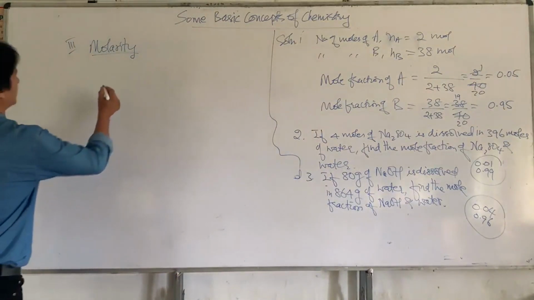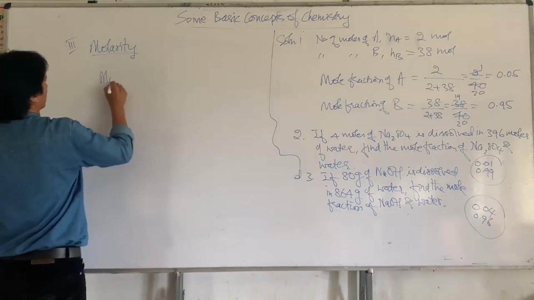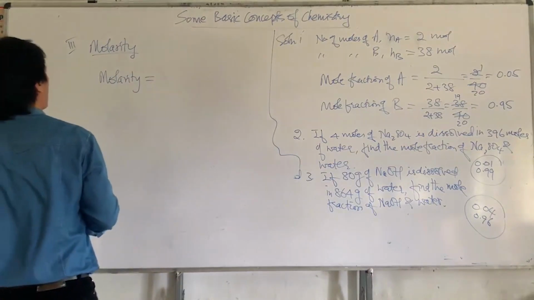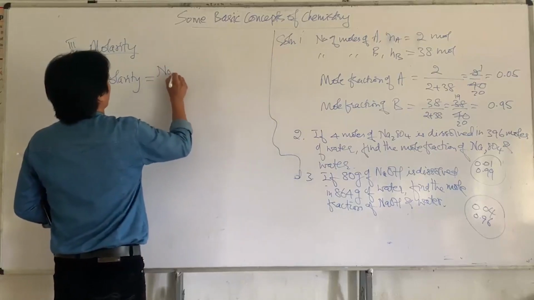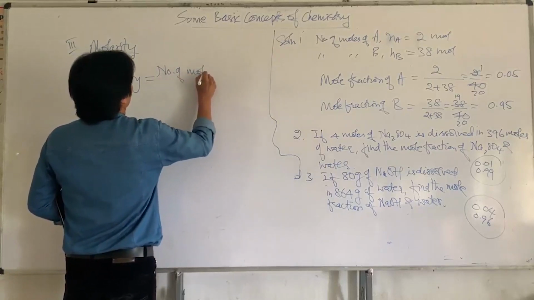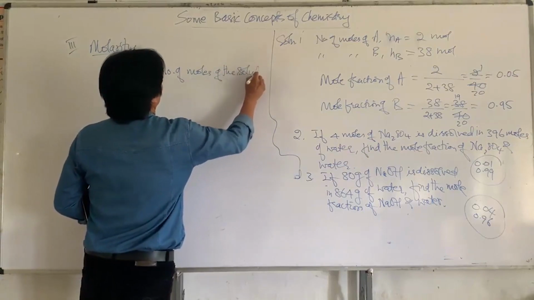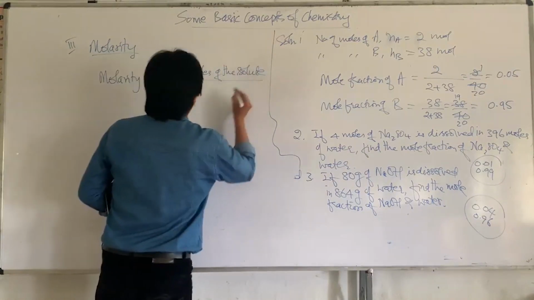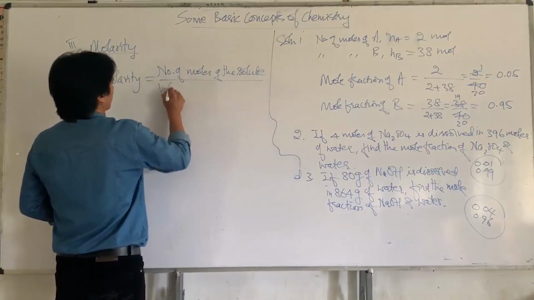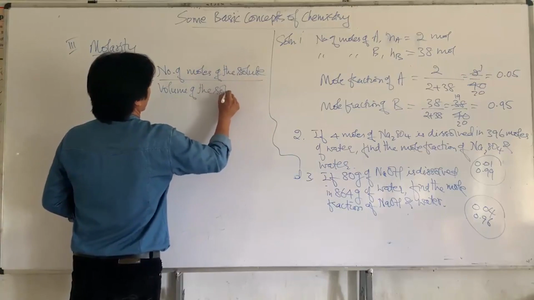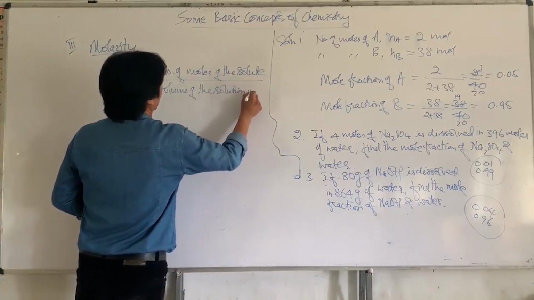And the expression for this is, we write, molarity is given by number of moles of the solute, that is the salt, divided by volume of the solution in liters.